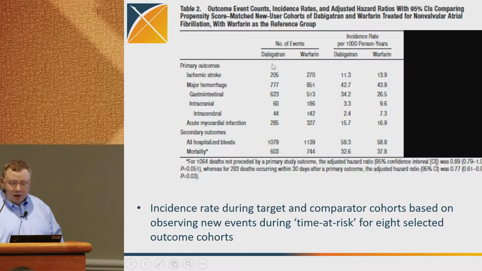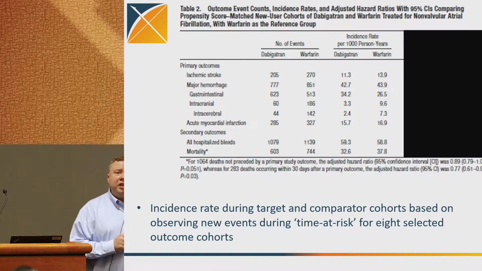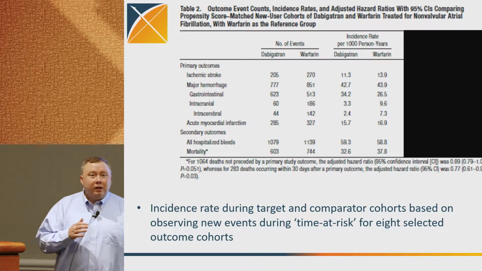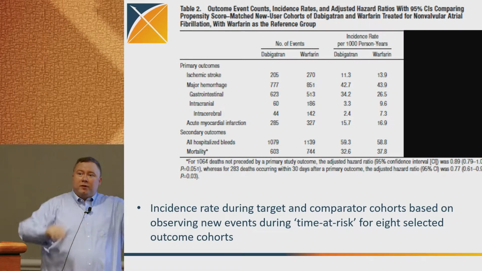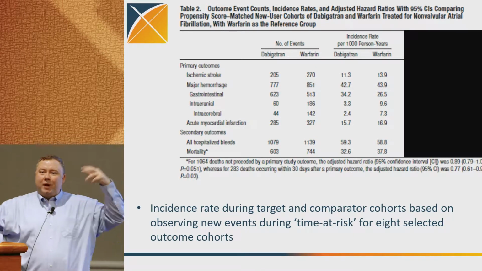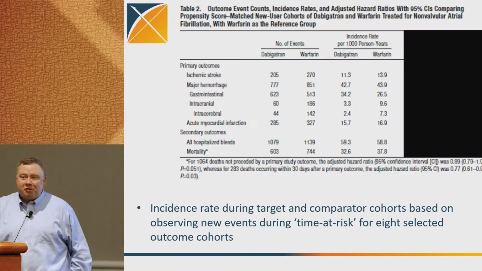So here you see in the dabigatran cohort, there were 205 people who had an ischemic stroke. And so here, what's interesting is that we still need to reuse the same cohorts we used for table 1. Namely, we have a target cohort of new users of dabigatran. We have a comparator cohort of new users of warfarin. But now we have a new entity that we need to be able to define, namely our outcome, ischemic stroke.